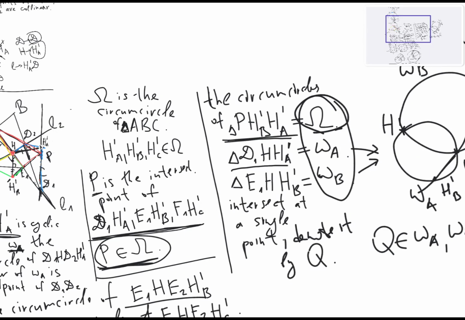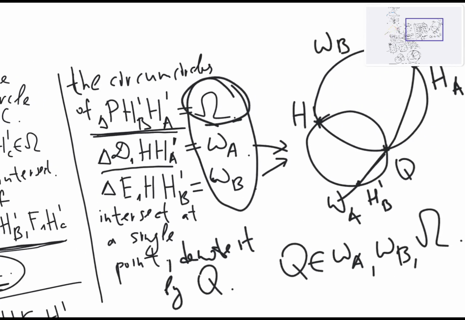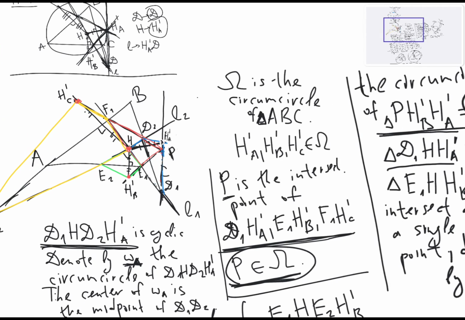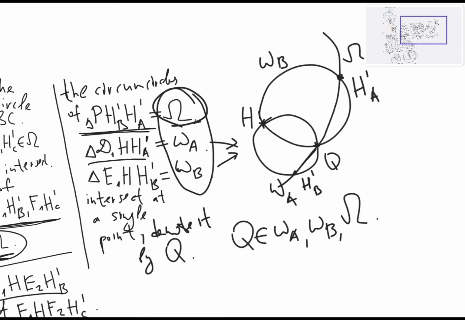We can do it, but we can simply say that because we picked two of these three points, HA prime, HB prime and HC prime, arbitrarily, without loss of generality, by a similar argument we will obtain a similar result.